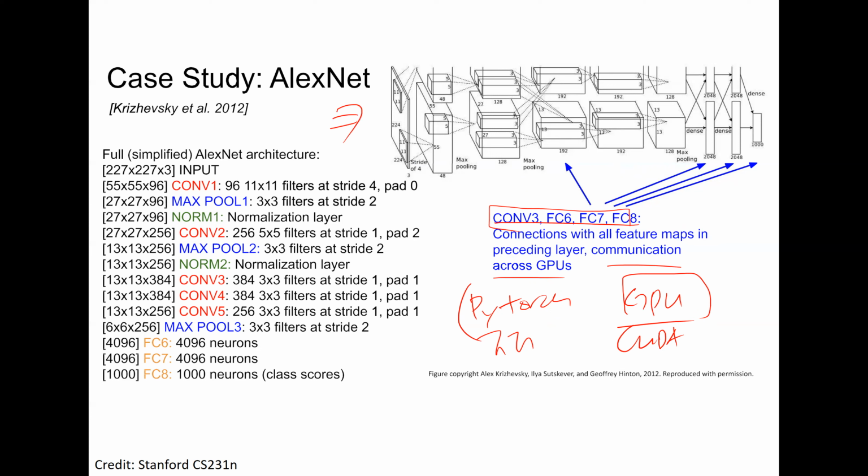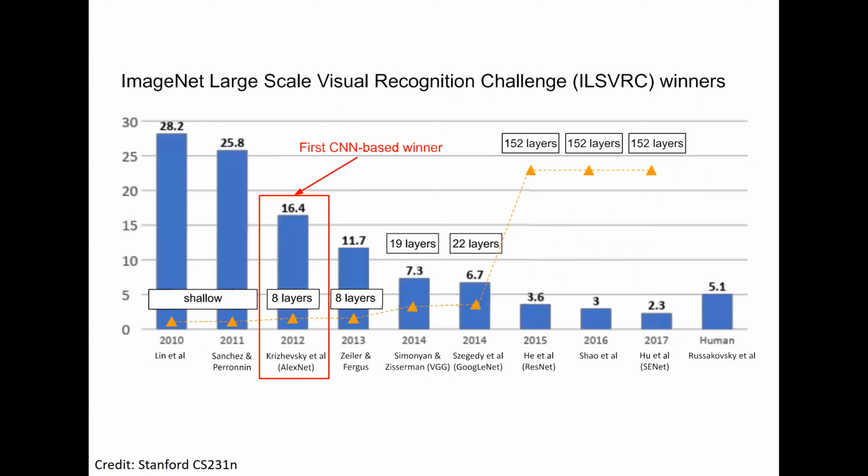However, this was the first very seminal work that demonstrated the validity of deep neural networks for the first time in the area of computer vision. Okay, so 2012, AlexNet was the very first CNN that won the ImageNet challenge.